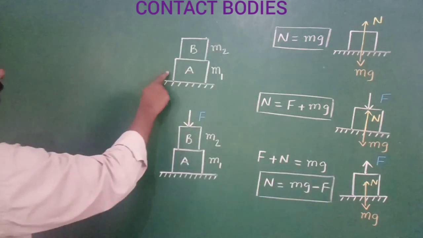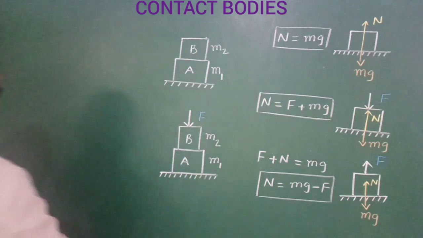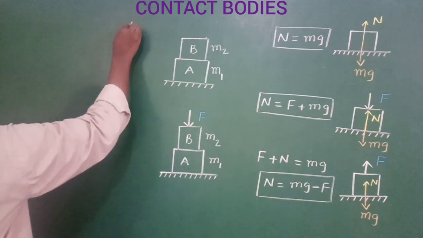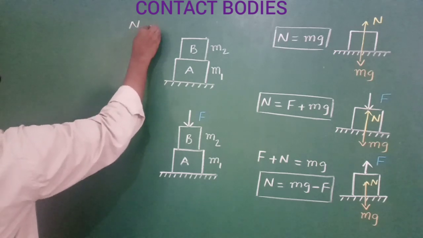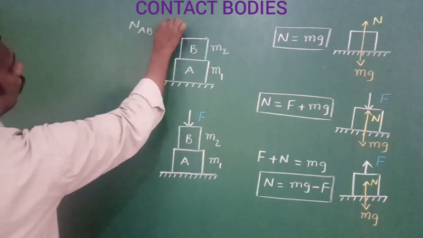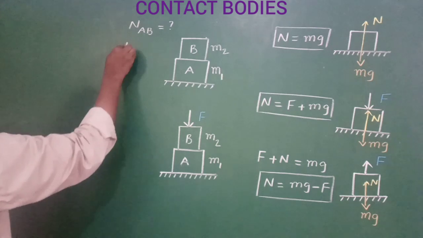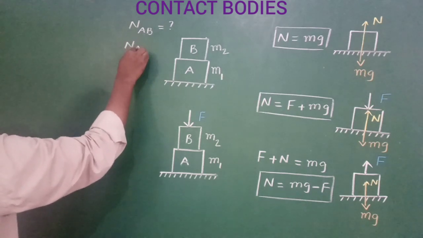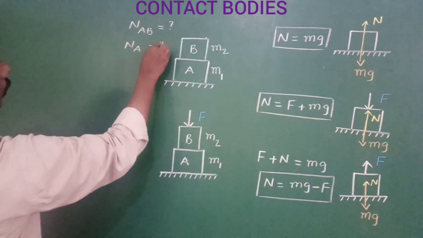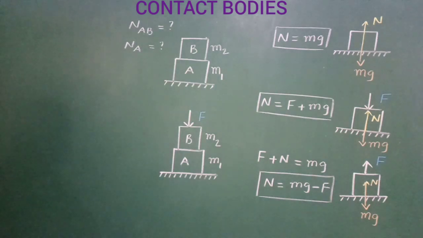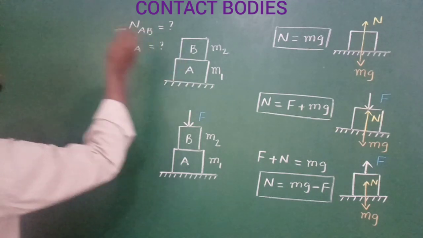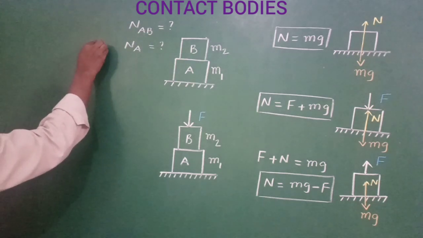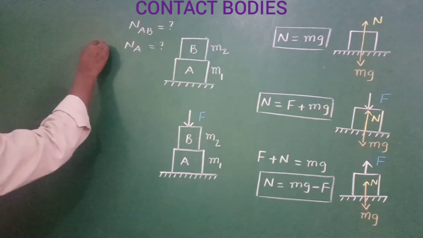Next, in this we calculate the normal reaction between block A and block B. Next, the normal reaction between block A and ground, we have to calculate these two. To calculate normal reaction between block A and block B, take block B and draw free body diagram.